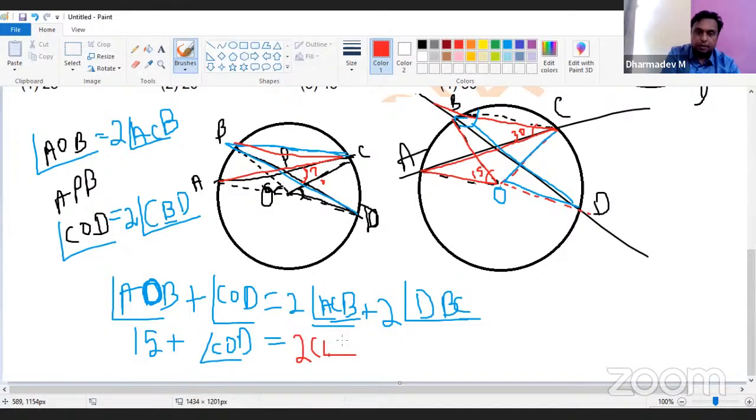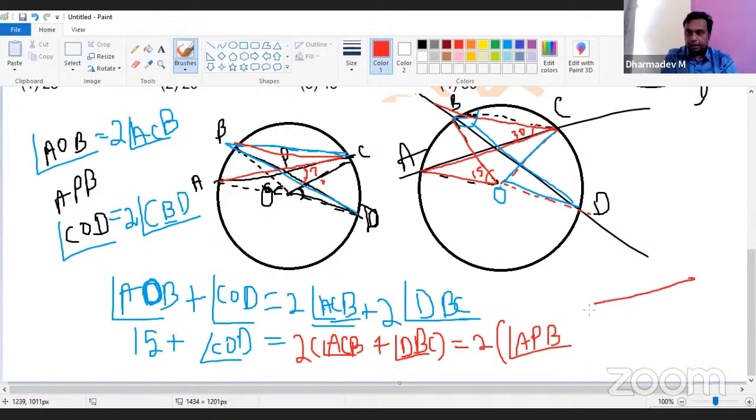The same thing you can follow with the other questions also. So angle ACB plus angle DBC, when I add them both, I will be getting the intersection point, which is 2 times of, going to be with the intersection points A, P, and B. Did you get it?